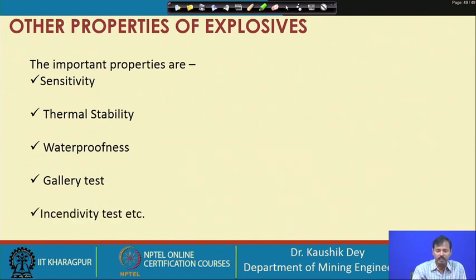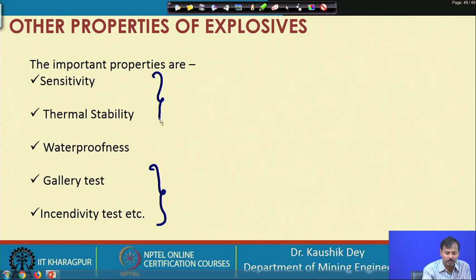These last two tests are important for blasting carried out in an explosive medium, but these three properties are important in general purpose use of the explosive.